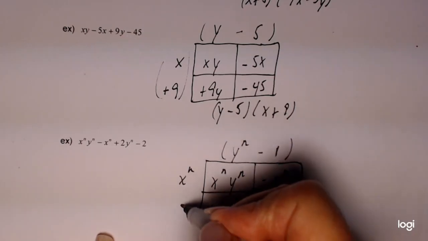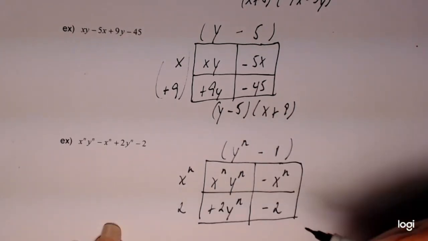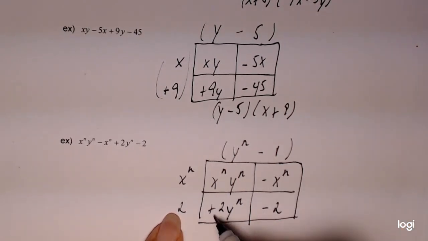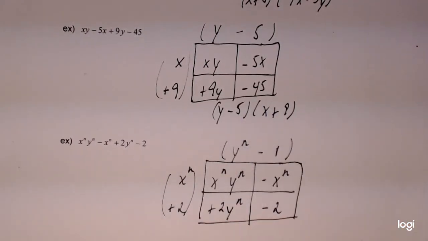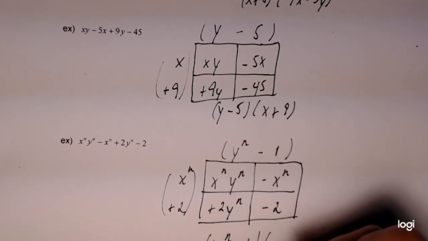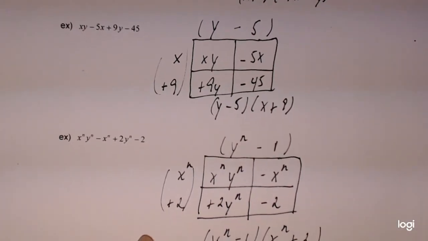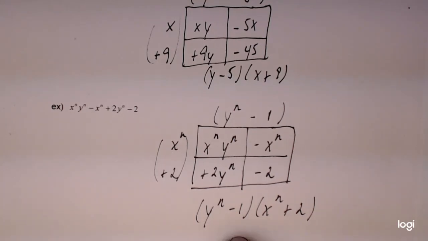So we can write that out in front. We need a plus or minus in front of this 2. 2 is sitting in front of the box where there's a plus, so we put the plus sign there. So our answer would be y to the n minus 1, x to the n plus 2. Whoops, probably not one of your favorites, but it's something that you can handle.